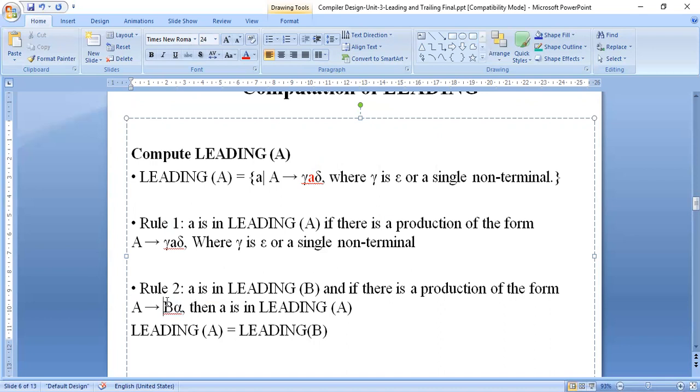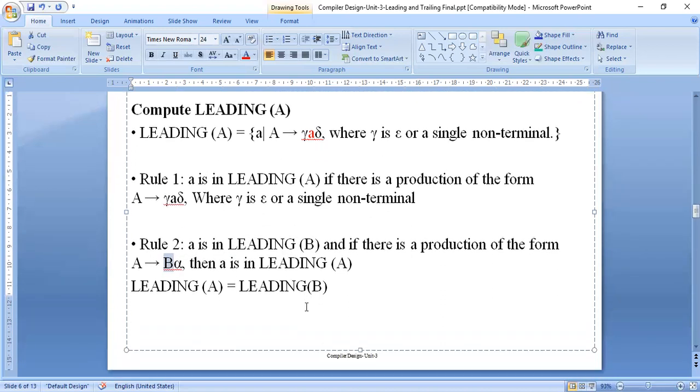For example, if you take B, leading of B is equal to leading of A. So in some situation we would have found initially leading of A or leading of B, and we can substitute with this equation.